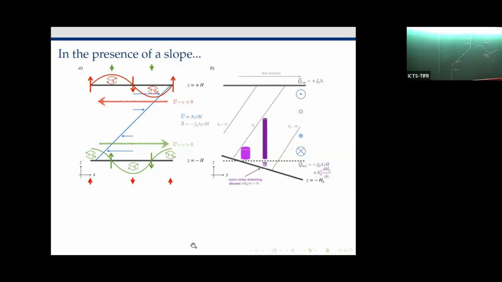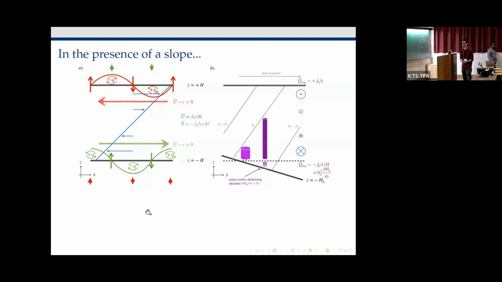So the intrinsic, or rather the C in this case, is negative. So it's U minus C and then whatever extra bit you get from the bottom wave added together. Is there a frame where both of these are 0, so they don't have a net propagation? That would be phase locking.